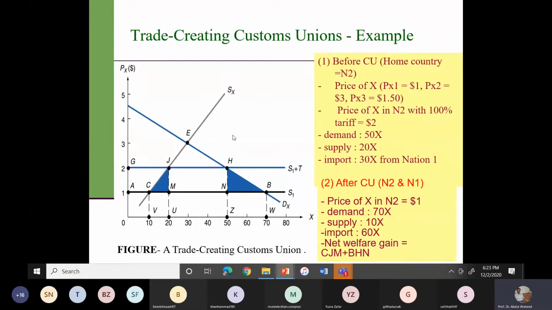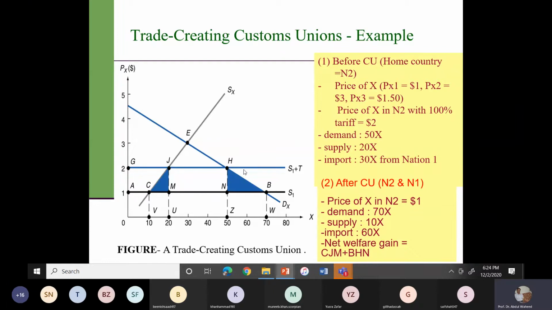Now if there is a formation of a customs union of nation 2 with nation 1, which is the low cost provider, what will happen? Whenever you form a customs union, you have to remove this tariff. This is the supply curve of nation 1 with tariff.